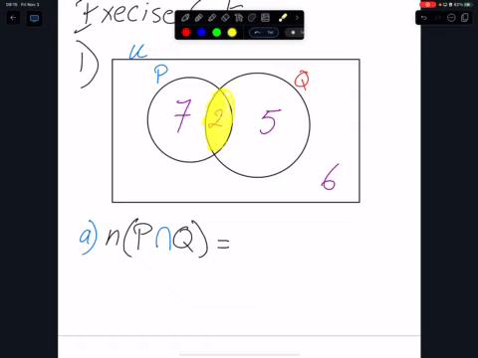How many people are intersecting in P as in with Q? The amount of people? 2.